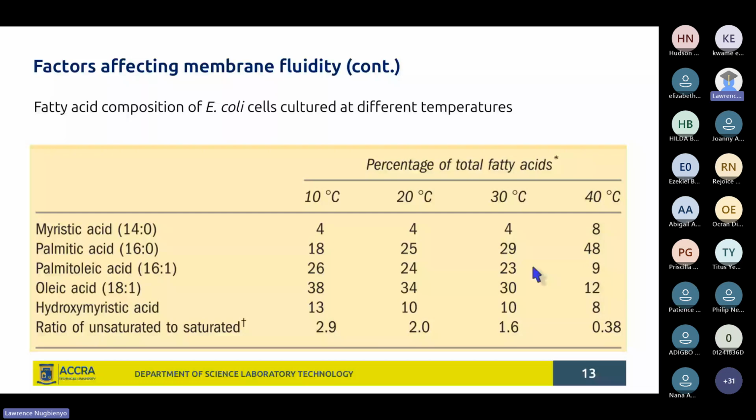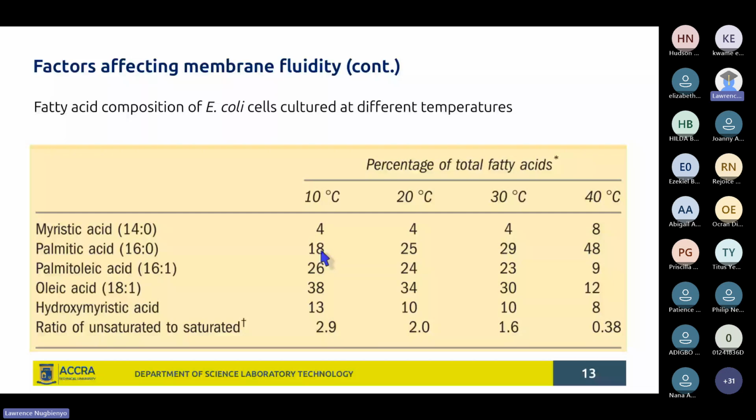You see, the opposite is happening. As the temperature increases, the amount of saturated fatty acids also increases to compensate for that fluidity.